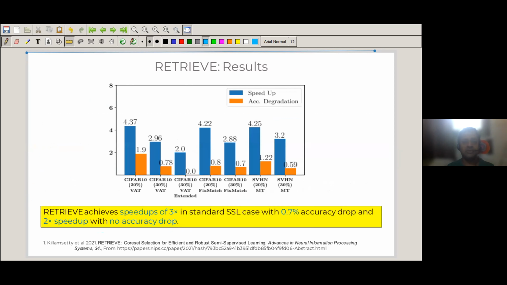This is called Retrieve, and Retrieve achieves speedups of 3x with just 0.7 drop in accuracy. It's very impressive. Or if you want no accuracy drop, then you get a smaller speedup, which is still impressive, 2x.